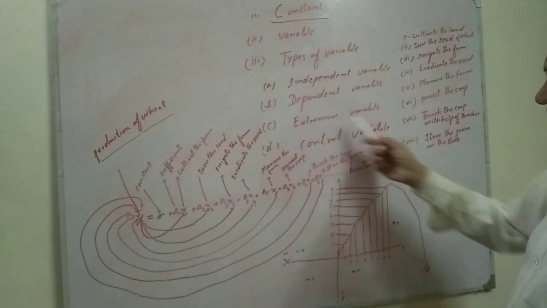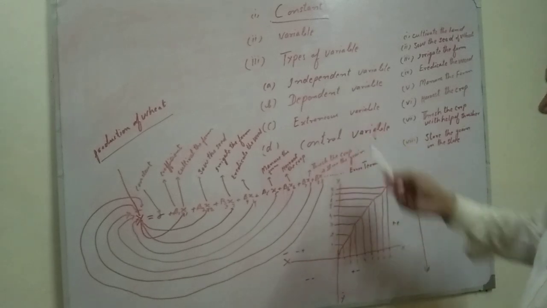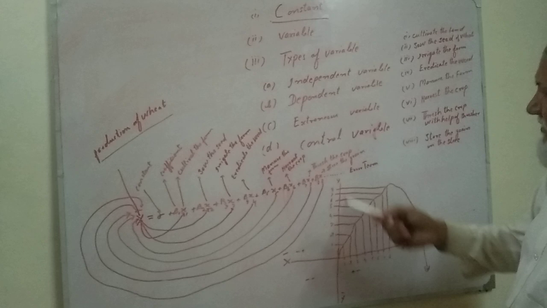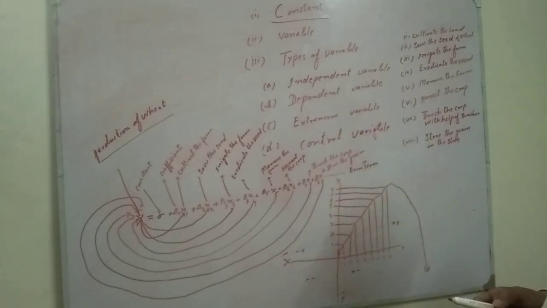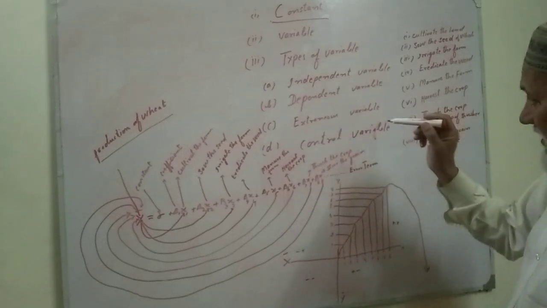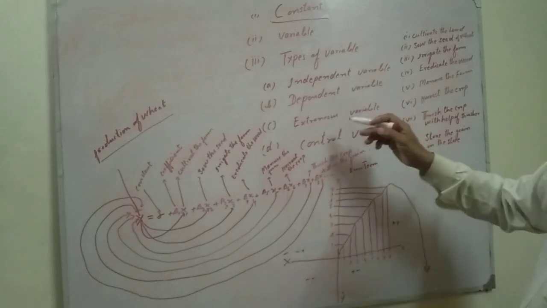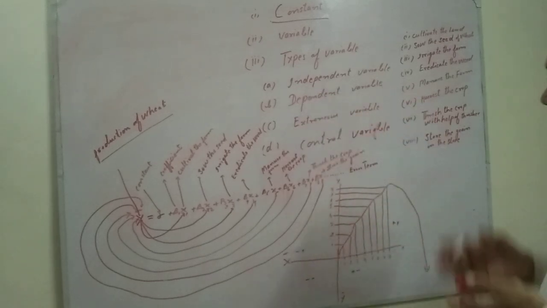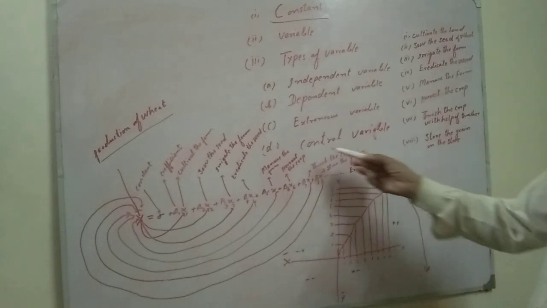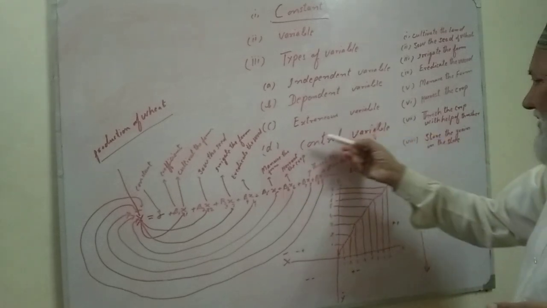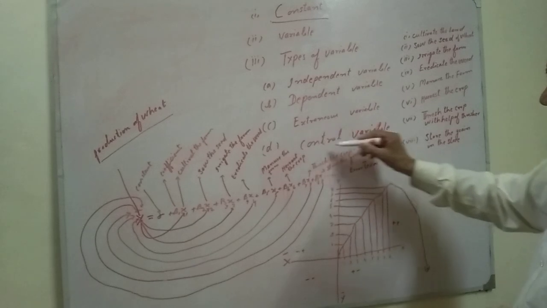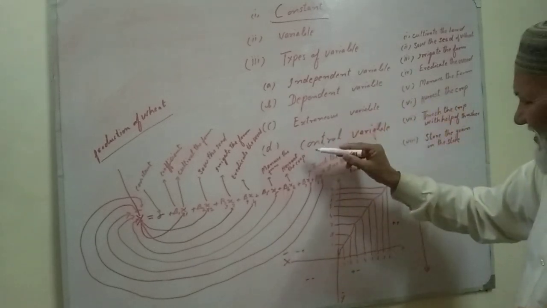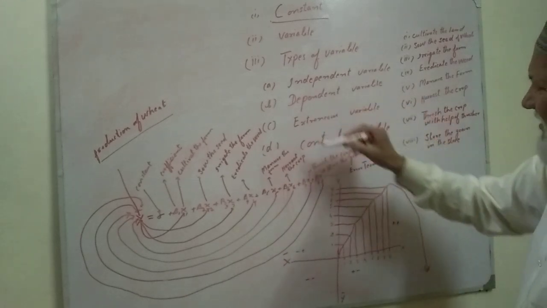There are also extraneous variables. Sometimes we conduct the study, but we do not include the variable in the model. But even if we do not include it in the model, it affects the dependent variable, the production of the wheat. Already I have mentioned these things. For this purpose, you keep the extraneous variable constant and you control the variable.